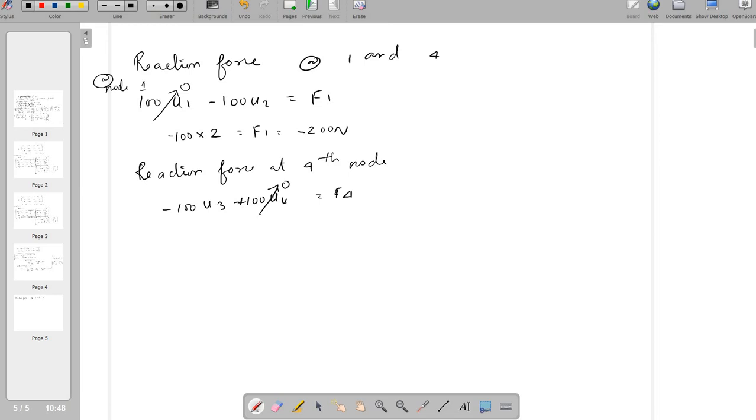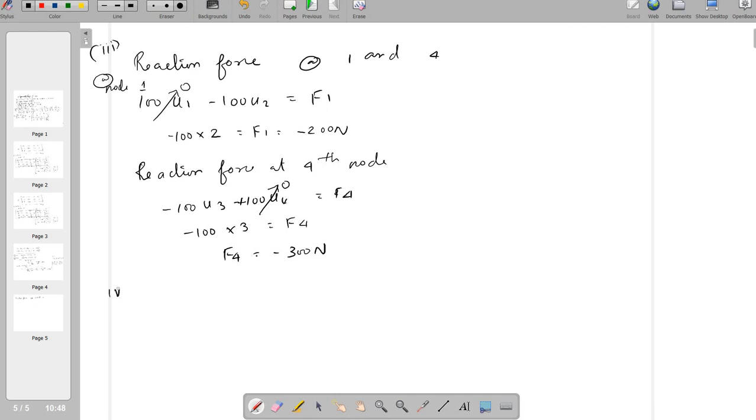Here U4 is 0. So minus 100 into 3 is equal to F4. So F4 is equal to minus 300 Newton. This is the reaction force, that is the resisting force at nodes 1 and 4. So this is the third subdivision of that problem.